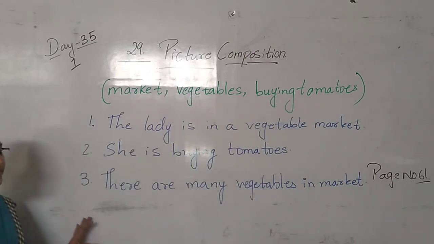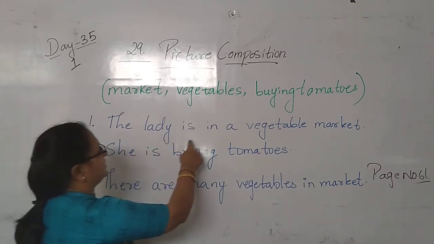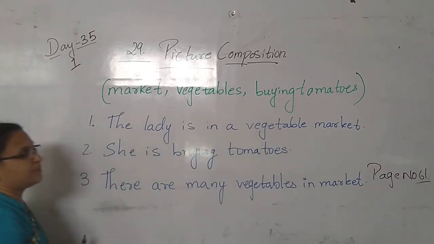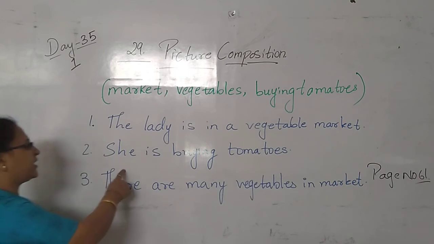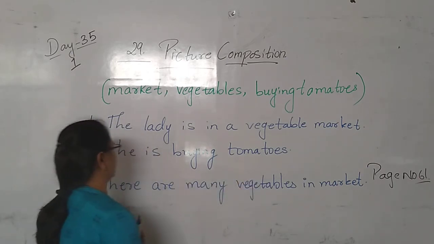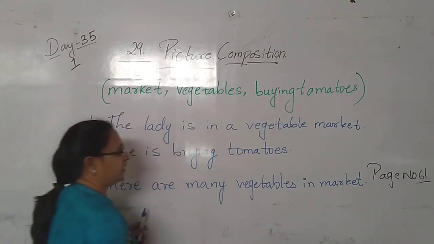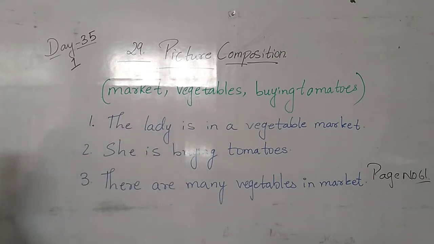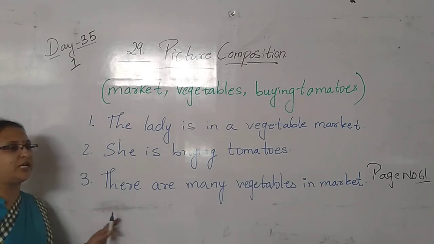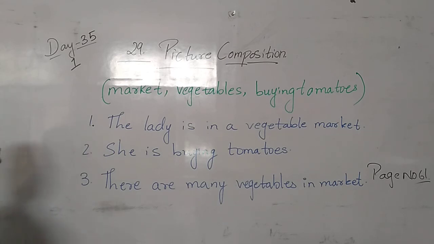So I wrote 3 sentences. Yes. What is that? The lady is in the vegetable market. She is buying tomatoes. There are many vegetables in the market.